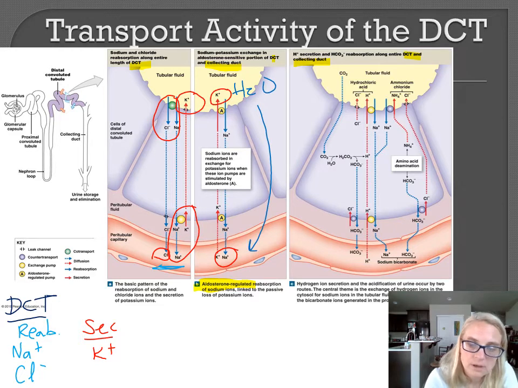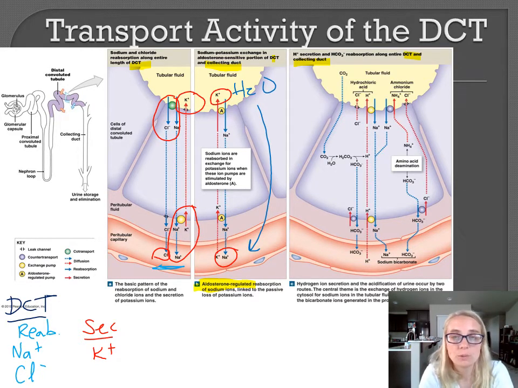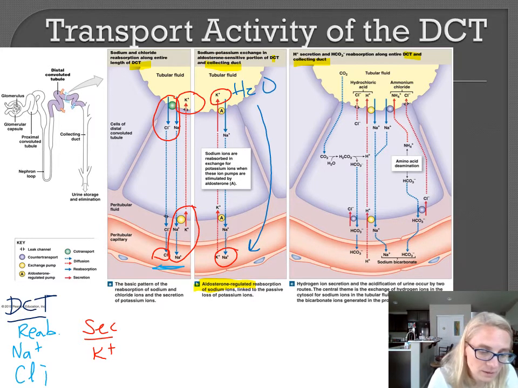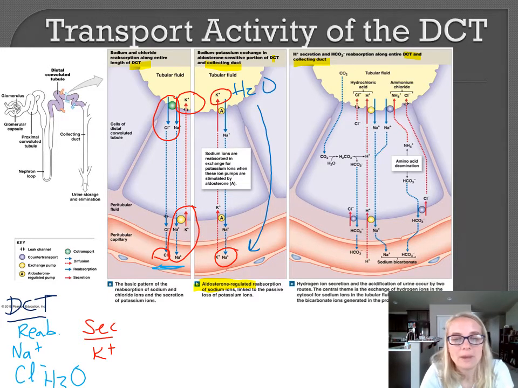Water. Water is going to be following that solute. So we are going to be reabsorbing sodium, and now we can add over here water. And potassium is still in our secretion column over there.